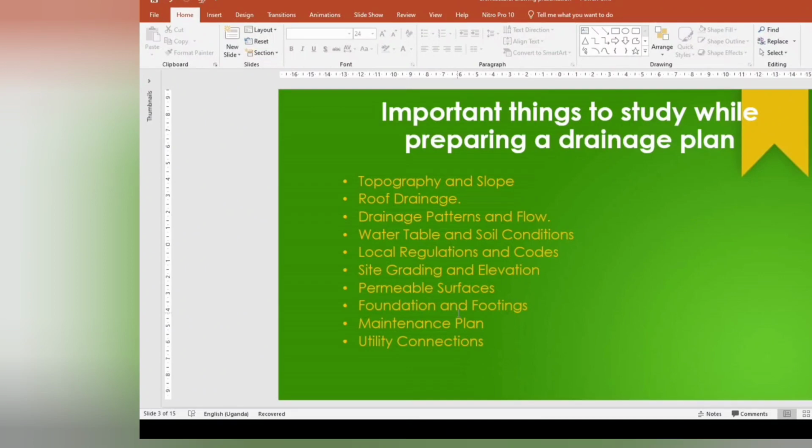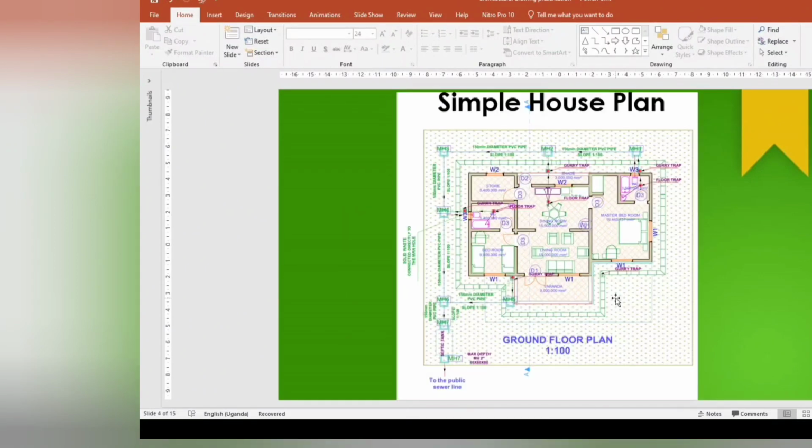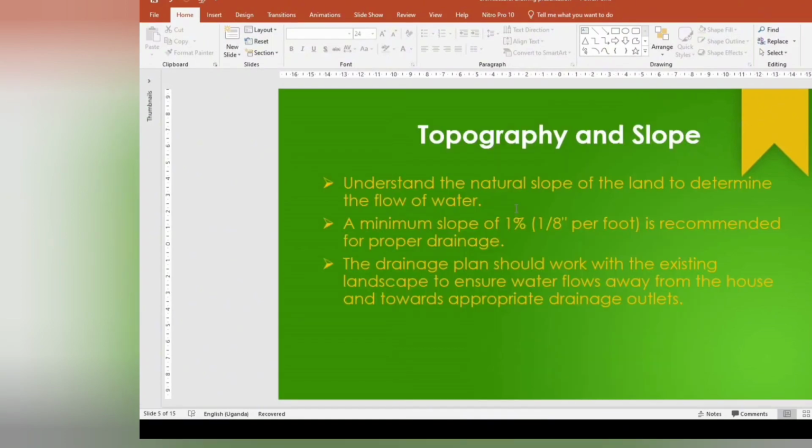So when we look at number 1, we have topography and slope. One should understand the natural slope of land to determine the flow of water. Of course, you cannot wake up one day and start preparing a drainage plan when you don't know the natural slope of the site where your house is going to be located.